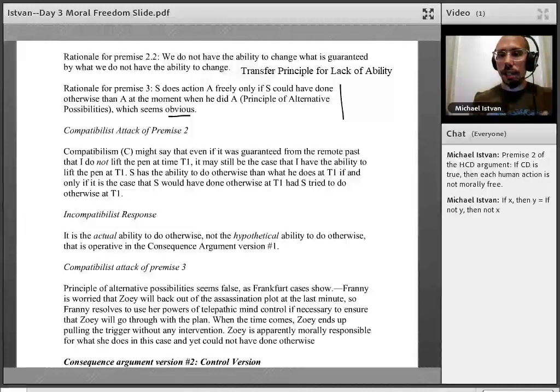When I say if X then Y, I'm saying two things that amount to the same thing. I'm saying that X is sufficient for Y and Y is necessary for X. Those are two ways of saying the same thing.